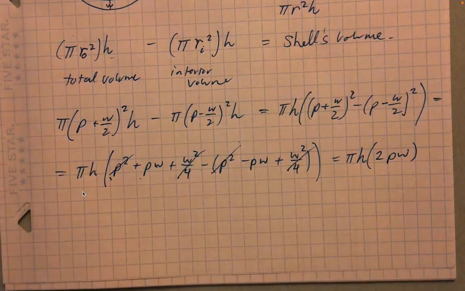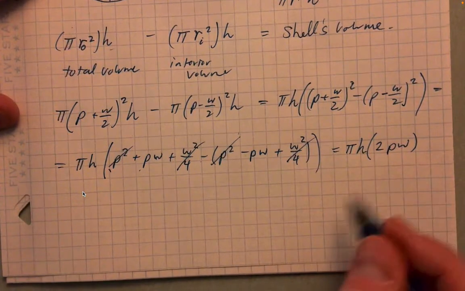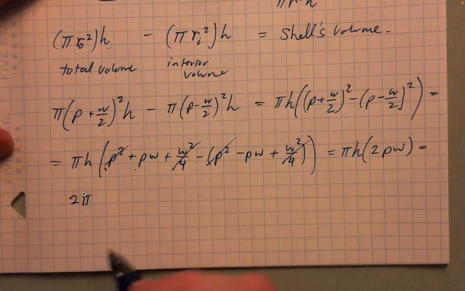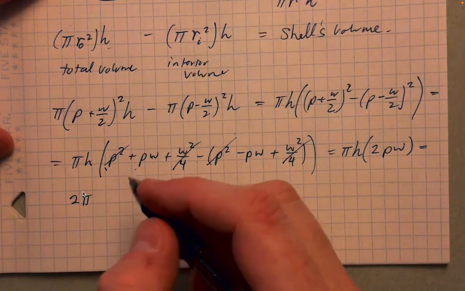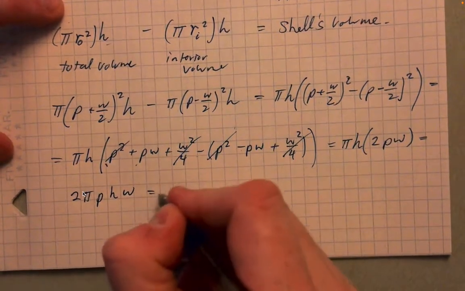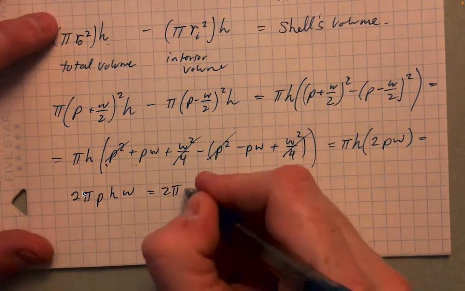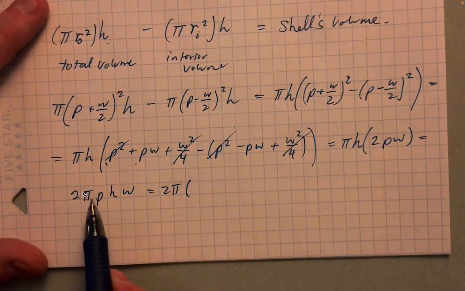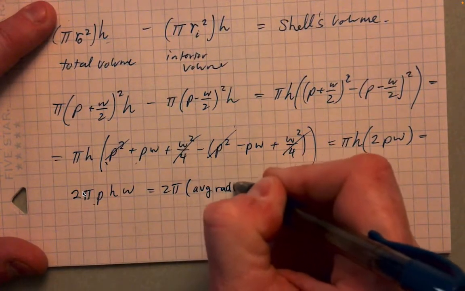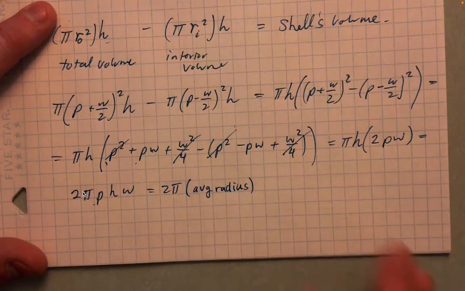You can write this a little bit better like this: 2 pi times P times h times W. And what are these things? Let's remind ourselves. P is the radius, the average radius. Why do we say the average radius?